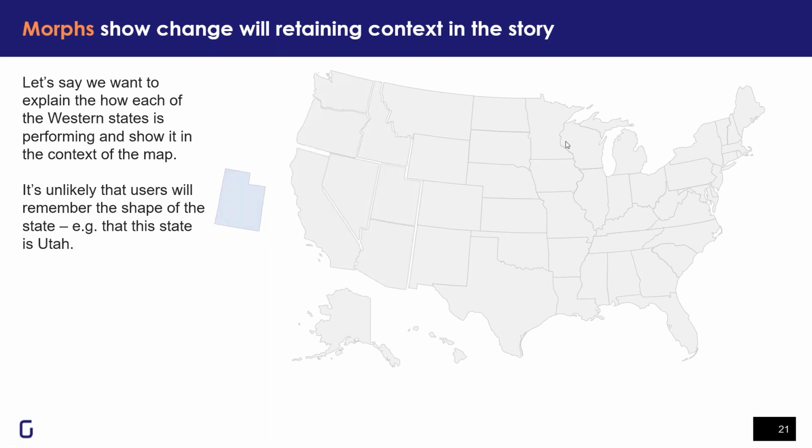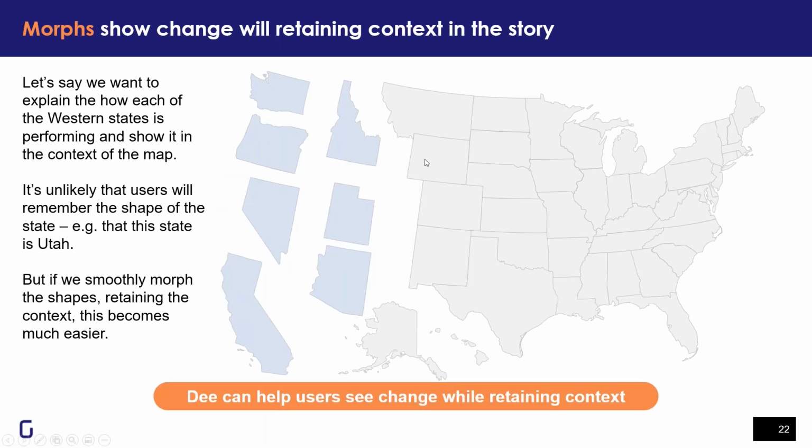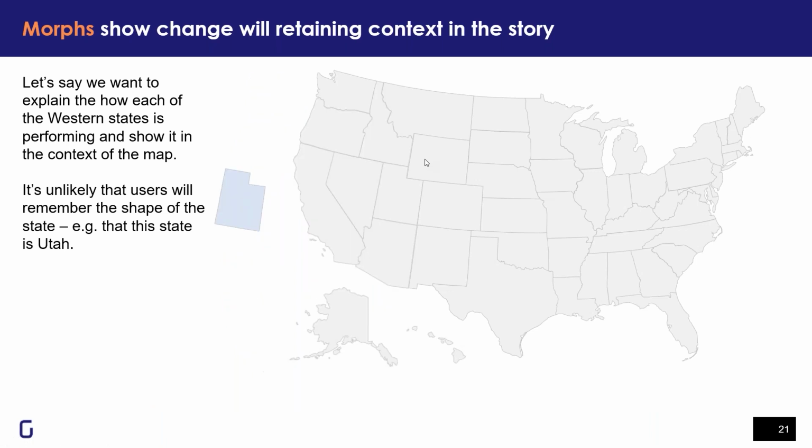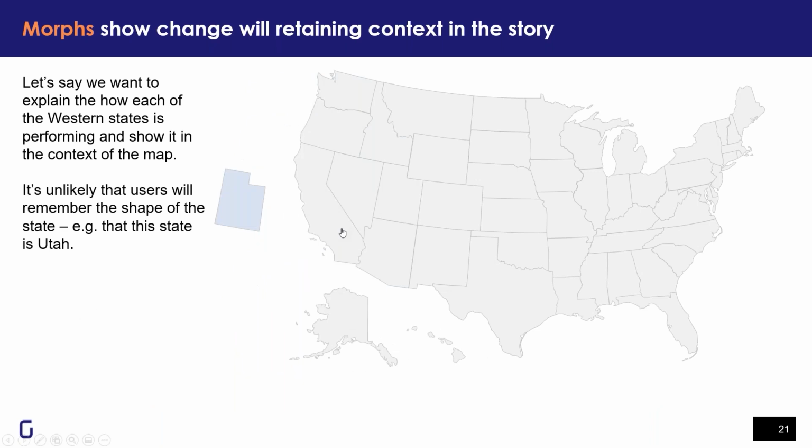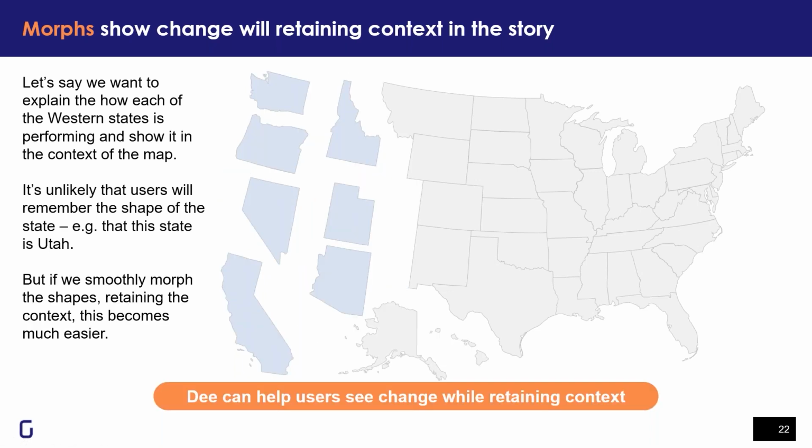But using the morph transition, if we move the states into a different location, people still see where they came from. So there's a lot less confusion about this having come from this region and is therefore Utah, or this is California because that's where it was. The morph transition allows us to see changes while still preserving context.